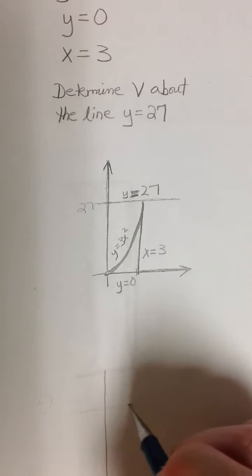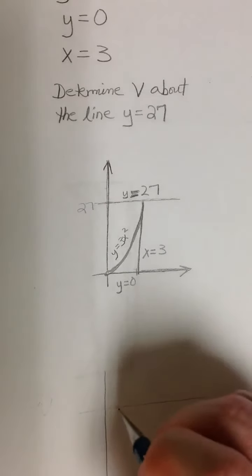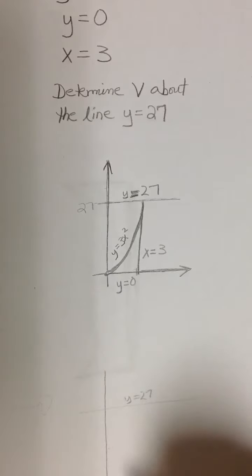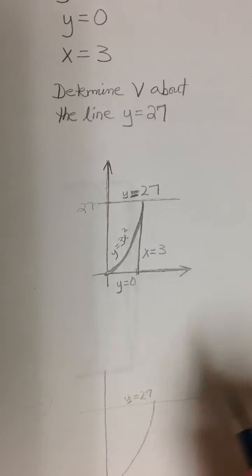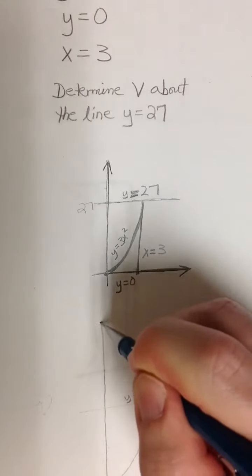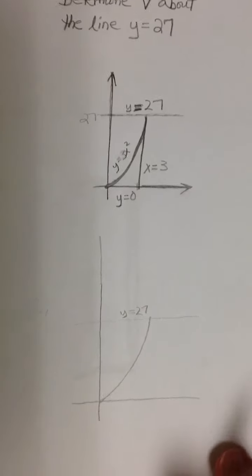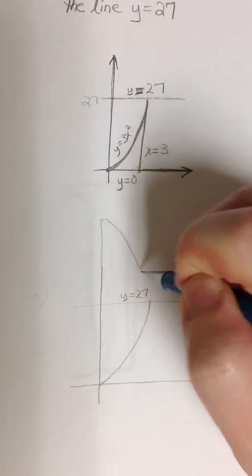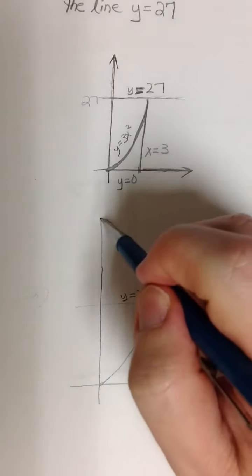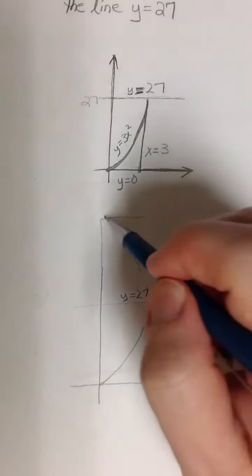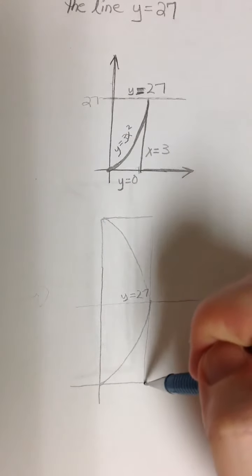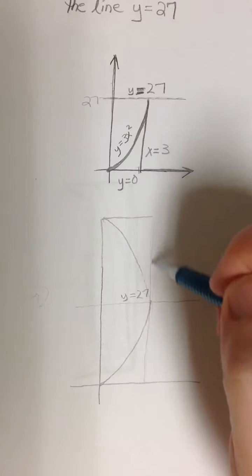we have y equals 27 for the line. Again, we have the function y is equal to 3x squared. And think of us having two halves mirroring, crossing to the other side.